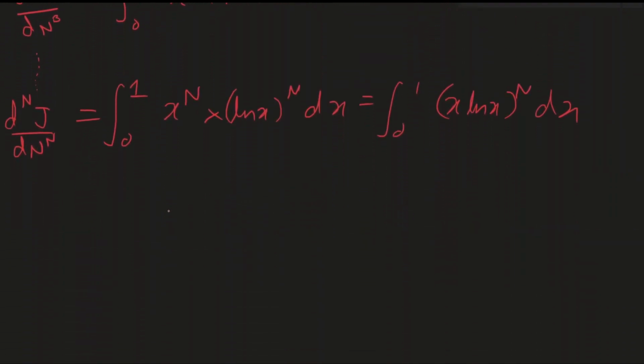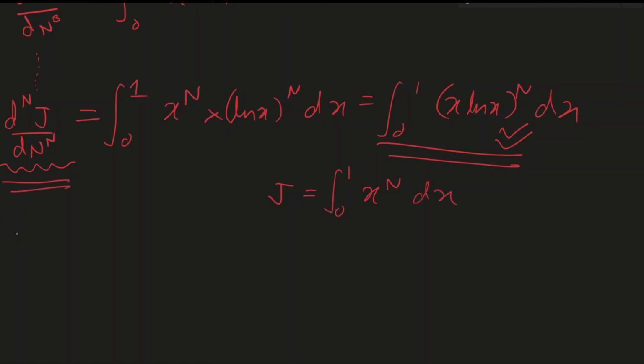So what I'm going to do now is all I have to find is the LHS, and I'm going to be done once I replace n equal to 100, because this is exactly what we need in the question. So what is the nth derivative of J? Notice J we have defined to be equal to the integral of x^n dx.